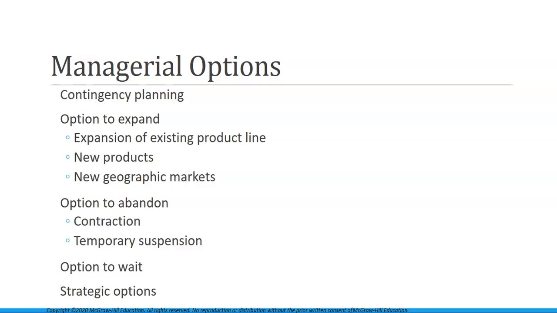So maybe when we're looking at expanding into a new product line or building a new building, we do some analysis and it seems like a really good idea, but then we strategically decide that maybe we need to think about this a little bit longer. And so we're going to put off that decision for a year or two. Not that we're actually saying no, we are just saying not right now.